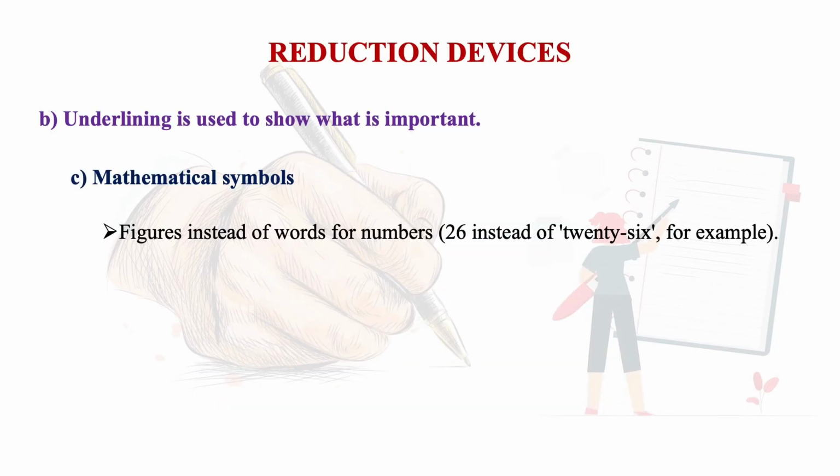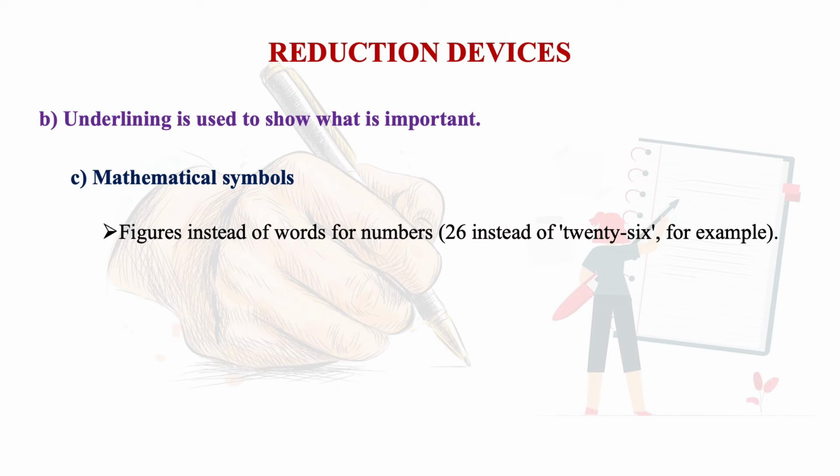In talking about mathematical symbols, the first is using figures instead of words. For numbers like 26, instead of writing 26 in words, you simply make use of mathematical figures like 2 and 6.